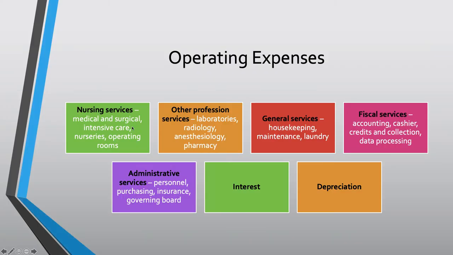So we have nursing services, medical and surgical intensive care, nurseries, operating rooms, other professional services like laboratories, radiology, anesthesiology, pharmacy, and then we also have general services like housekeeping, maintenance, laundry, and then we have fiscal services, accounting, cashier, credits and collection, data processing.